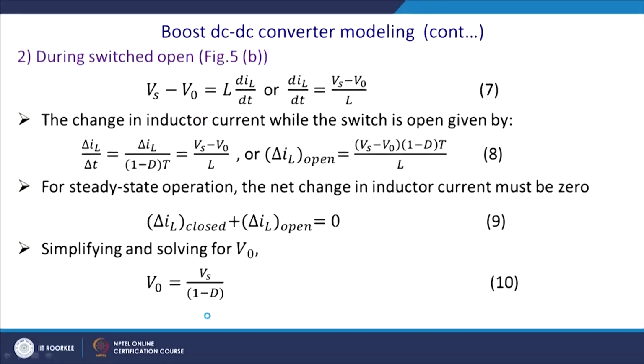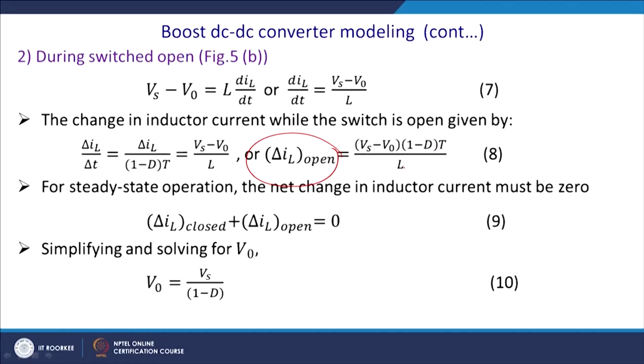So, Vs minus V0 equal to L di/dt, and this is the open circuit. So, you can rewrite this equation as L di/dt equal to Vs minus V0, and thus the change in inductor current for the open case will be (Vs minus V0)(1 minus D)T by L.